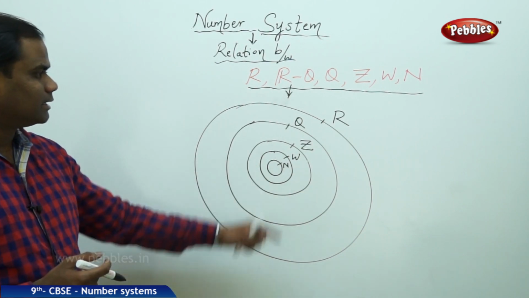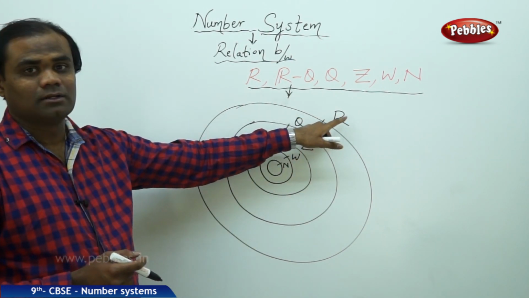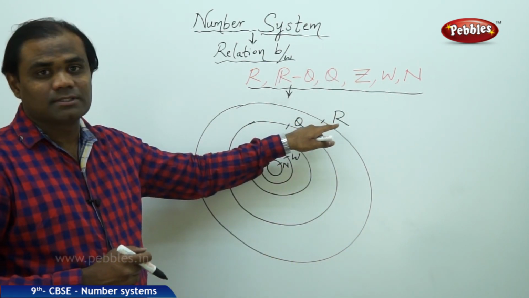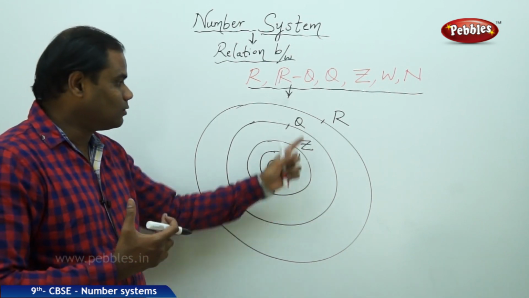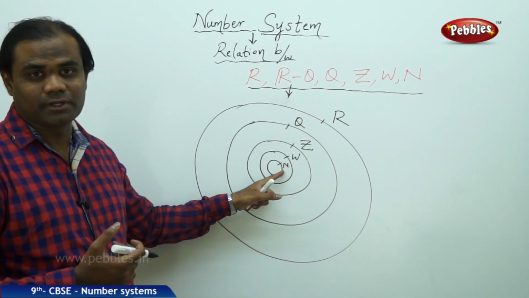Here I clearly understand that the bigger circle or the bigger set is R, so this is the mother of all the sets. Real numbers are the set through which all the numbers come out, and the least set is natural numbers.